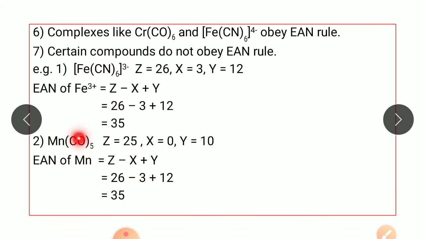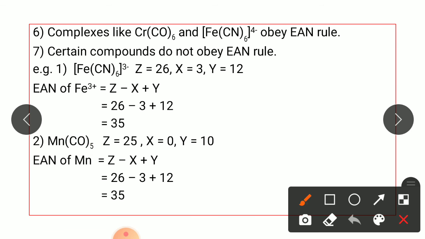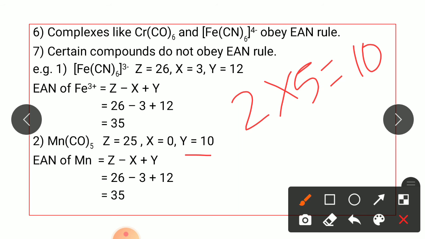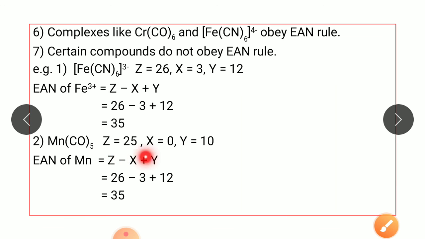Each carbonyl is going to donate 2 electrons. 5 carbonyl ligands are there, so 2 into 5, 10 electrons will be donated by the ligands, so the value of Y is going to be 10. Substituting in the formula, you get 25 minus 0 plus 10, that is 35. So again this complex is also not obeying the EAN rule. We are getting the value as 35, but this complex is also stable.